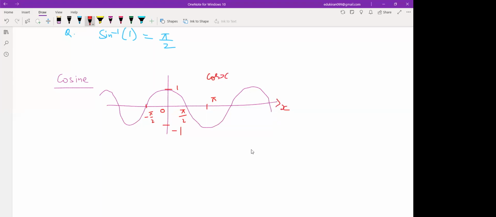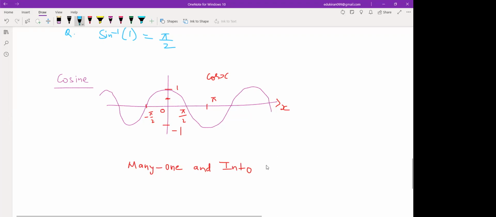Now, if you want to change this function from many one, as you can clearly see that a value will have many pre-images because it is starting from minus infinity to plus infinity, and it is also into because its range is -1 to 1, whereas its codomain is the real numbers.